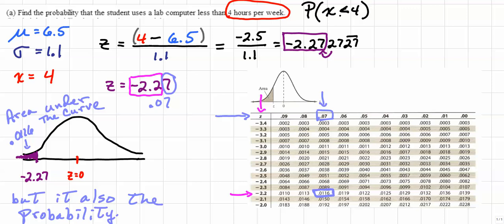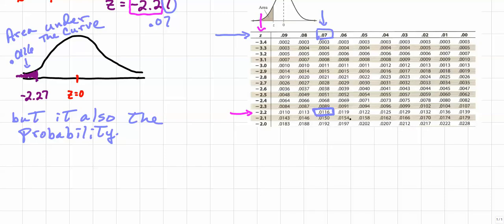Now note that this less than sign is pointing to the left, so we'll be looking at area under the curve to the left of whatever value we come up with for a z-score. And once we calculate the z-score, we can also rewrite this as the probability that z is less than negative 2.27. And they're synonymous. They mean the exact same thing.